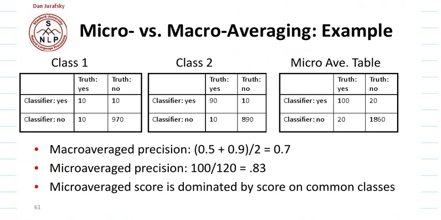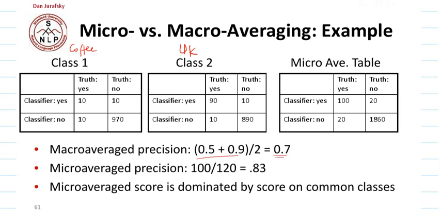I write the contingency table for the classes individually. I write the contingency table for coffee here and I write the contingency table for UK here. If I am calculating the precision individually, as we calculated in the previous example, then taking the average is like this.